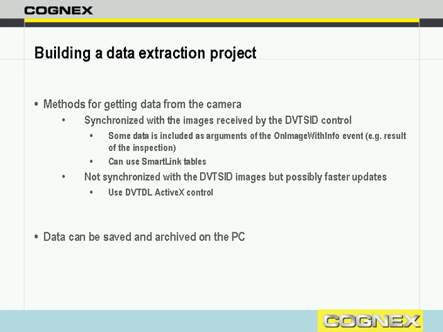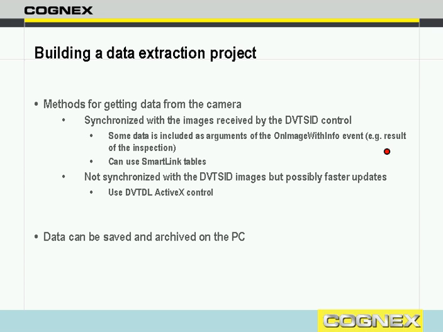So if you do something like, on the on-image event, for example, save an image, and then on the SL tables ready event, which is raised at closely the same time as the on-image with info events or any of the on-image events, you can gather data that is synchronized. Data in a table form and data in an image form, and then that data is synchronized.